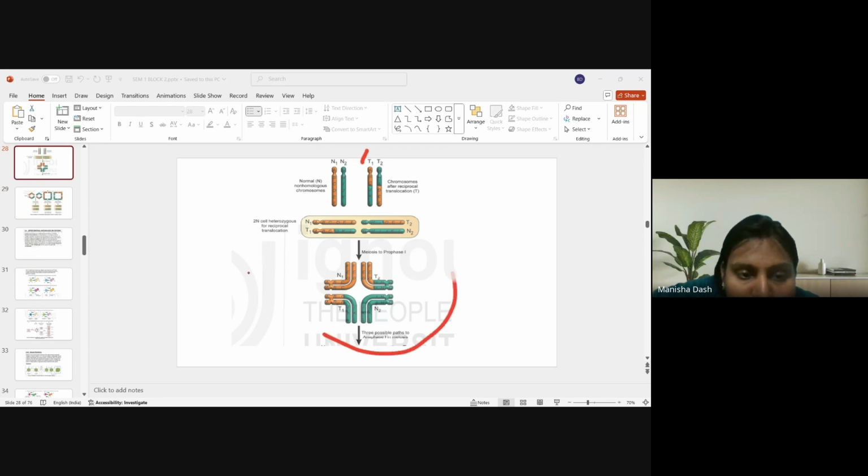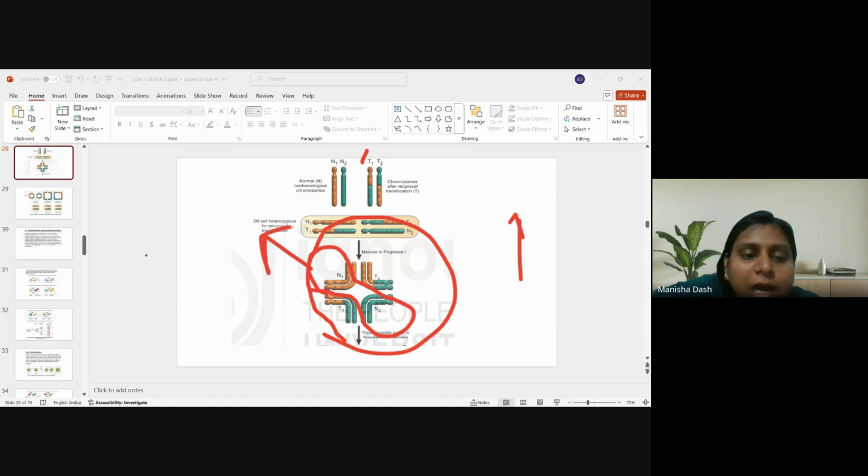From this point onwards, there are three ways by which the separation of the chromatids can occur during cell division. One is alternate. Alternate means this chromosome will move to one pole and these chromosomes will move to the other pole.